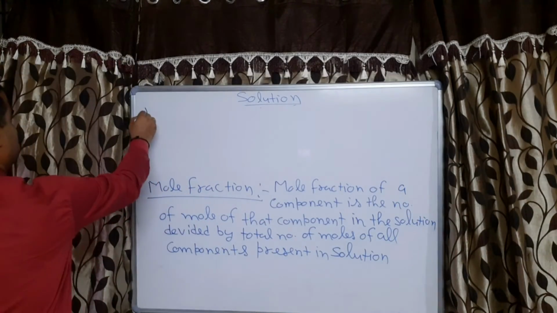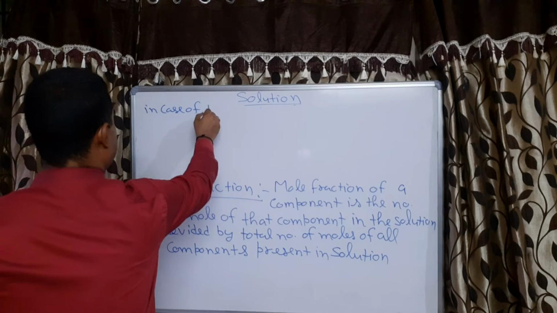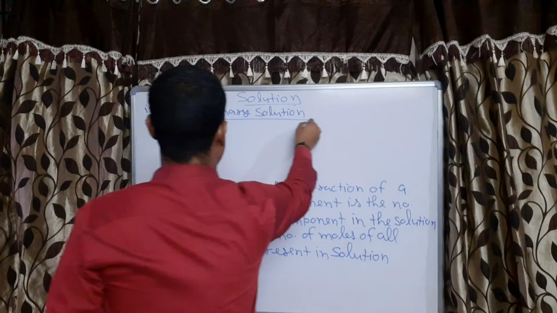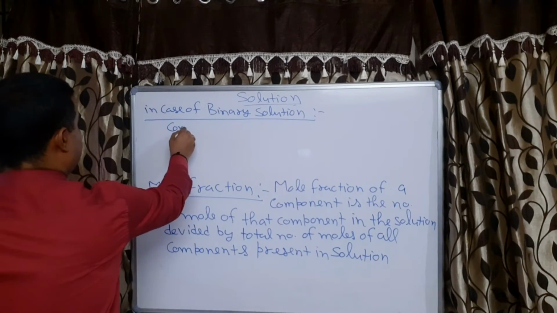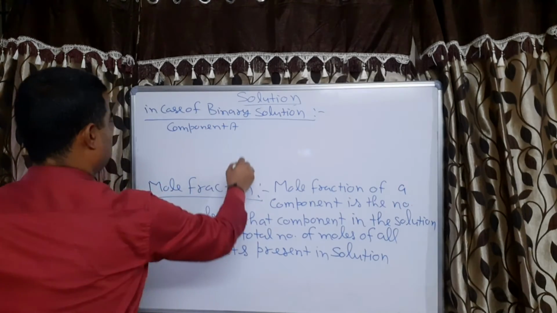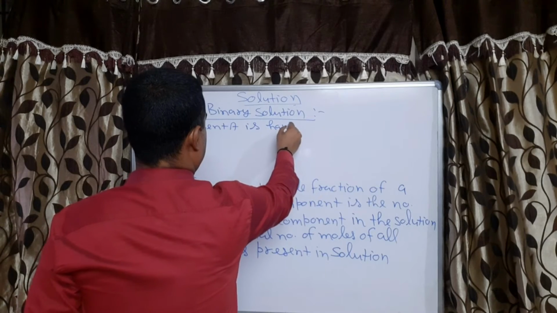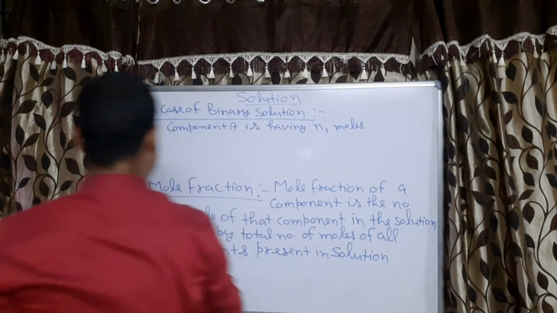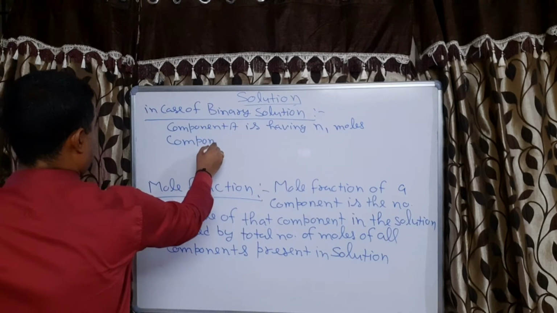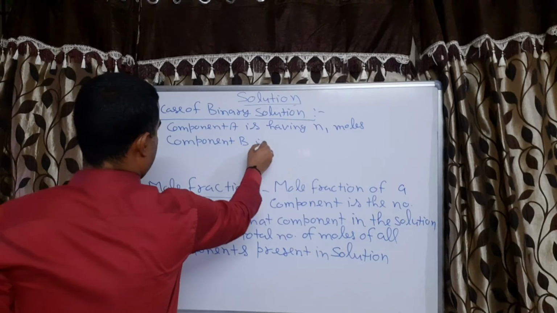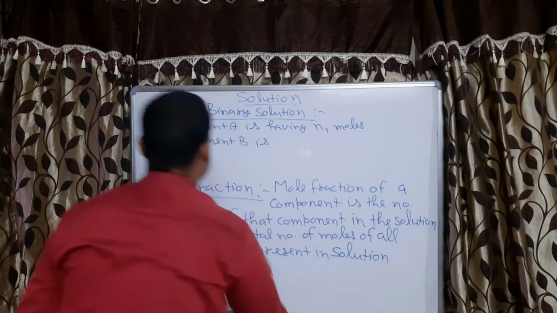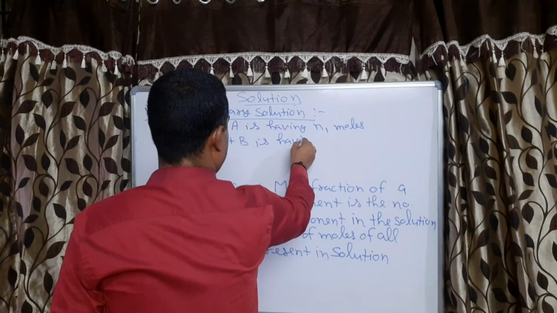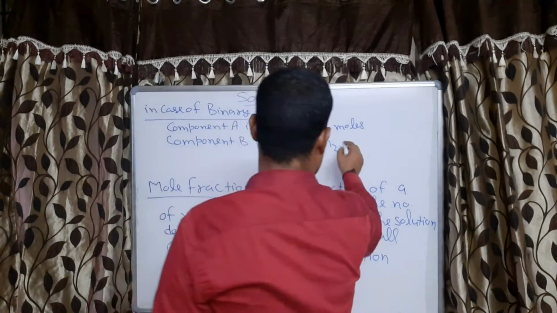So in case of a binary solution, since binary solution means there are two components, suppose component A is having N1 moles and component B is having N2 number of moles.